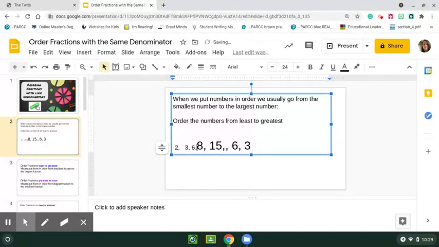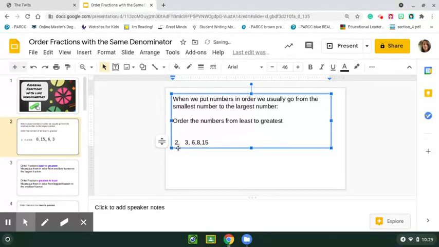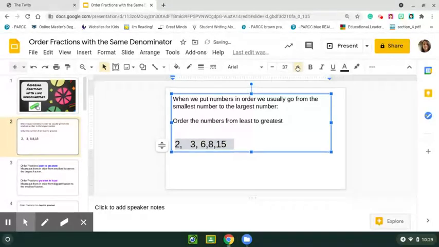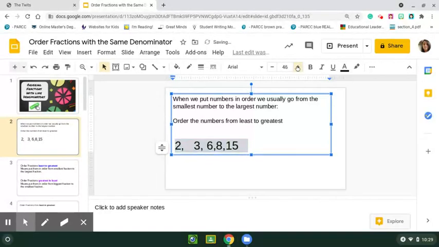Then the 8. Then the 15. And that would be them in order from least to greatest, from smallest to largest. Numbers get bigger. That's a pretty basic skill for us to do.